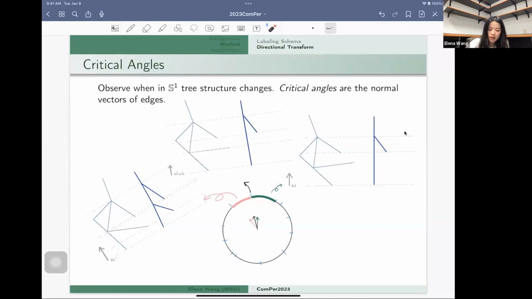And this critical angle right here, which is perpendicular to this edge, is exactly the change point of when the combinatorial tree changes. After passing that point, we move to the pink wedge, and every angle in that pink wedge would induce a merge tree that has 3 branches.